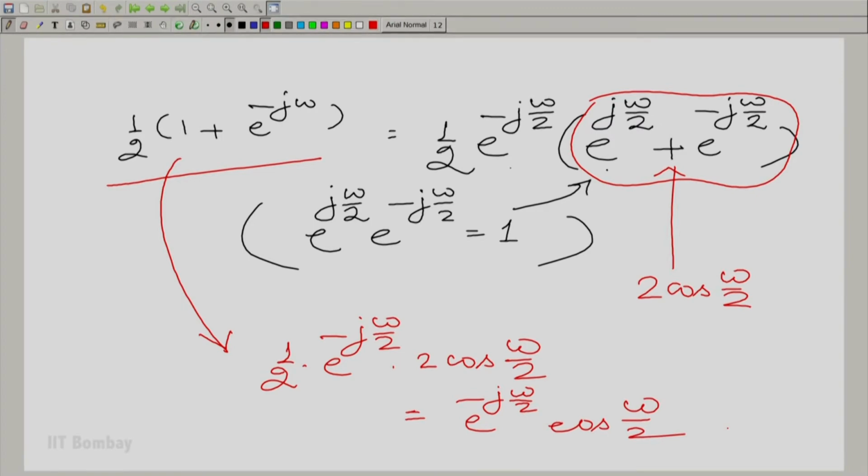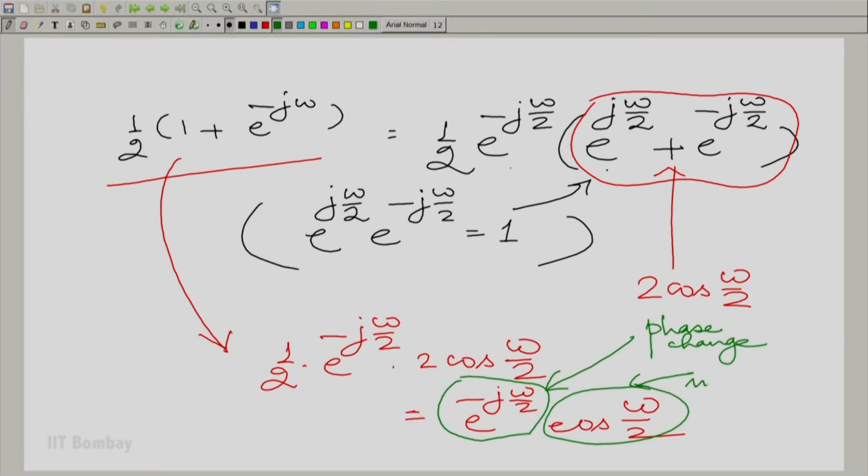So, that particular rotating complex sequence gets multiplied by this factor. I have written it in this form because now it is very easy to identify the magnitude and the phase for the region between omega equal to minus pi and omega equal to plus pi. This gives the phase change and this gives the magnitude change. Why am I saying this?